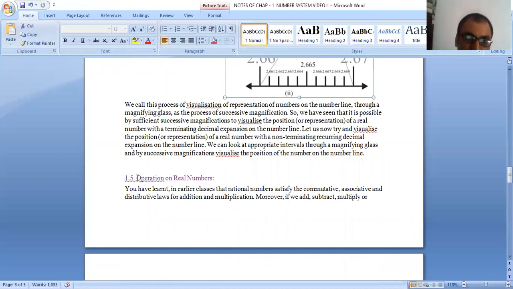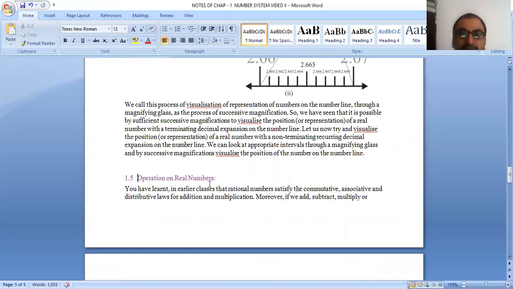Now, the fifth point of this chapter, operations on real numbers. What is an operation in mathematical language? It means how we relate two numbers with signs and symbols. You have learned in earlier classes that rational numbers satisfy the commutative, associative, and distributive laws for addition and multiplication.